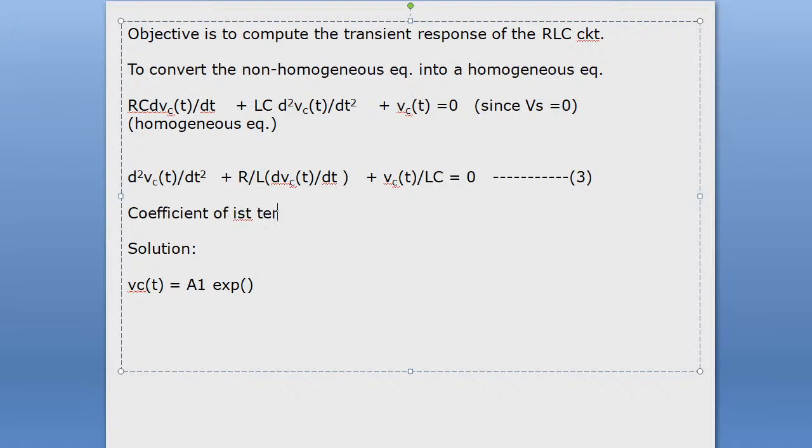The coefficient of the first term for this equation is, suppose, a, and a equals 1. For the second term, suppose b equals R by L. And for the third term, we consider small c equal to 1 by LC.